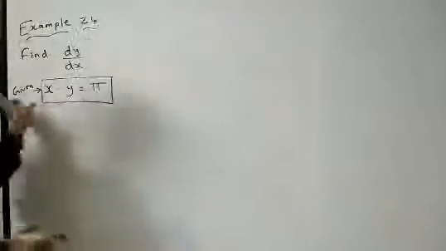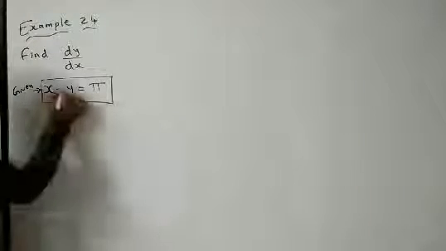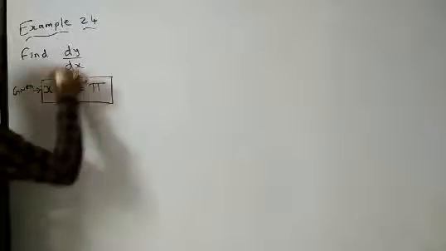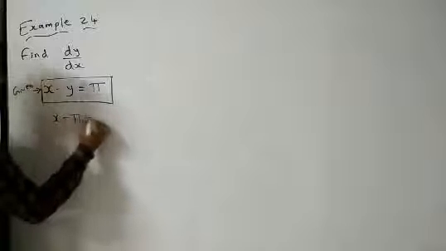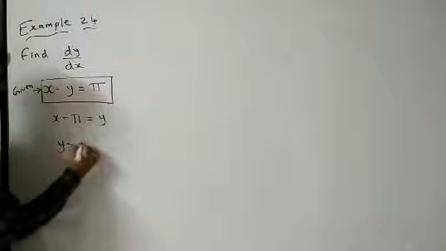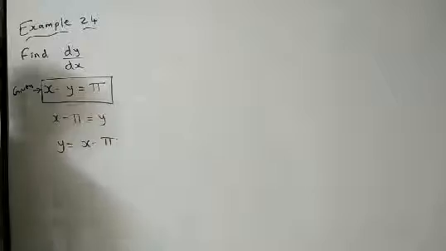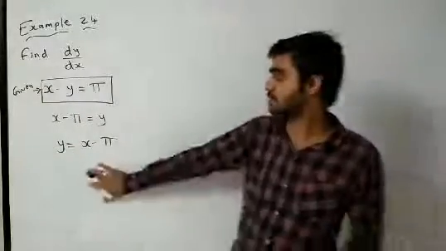Let us make this function equal to y, so this y will go on the right side and this pi will come over here, so x minus pi is equal to y, that is nothing but y is equal to x minus pi. So our function is y is equal to x minus pi.